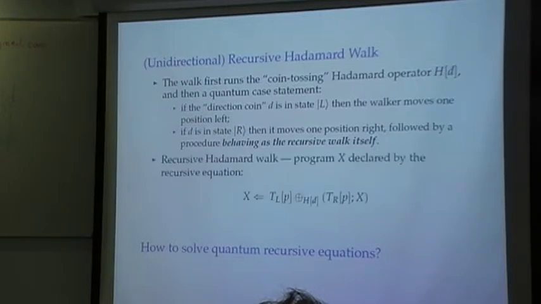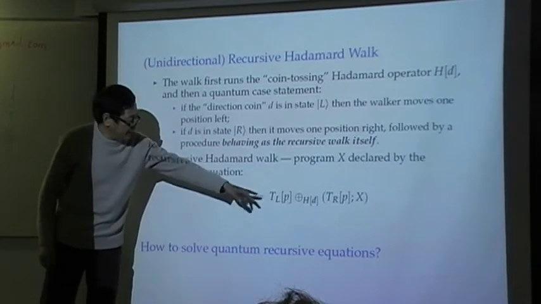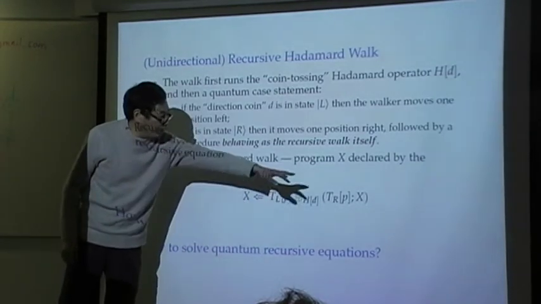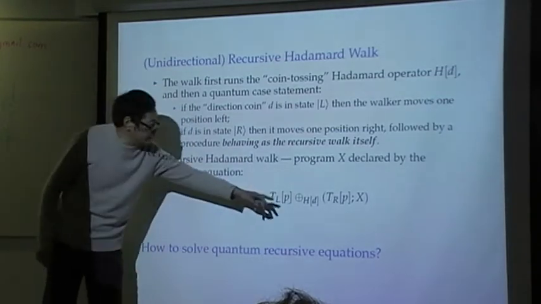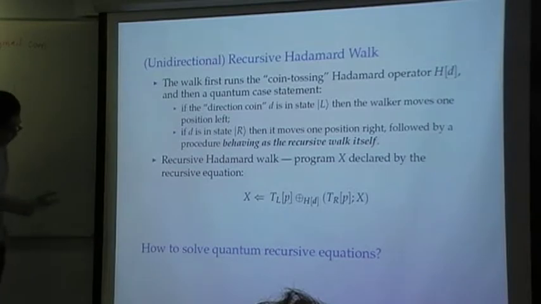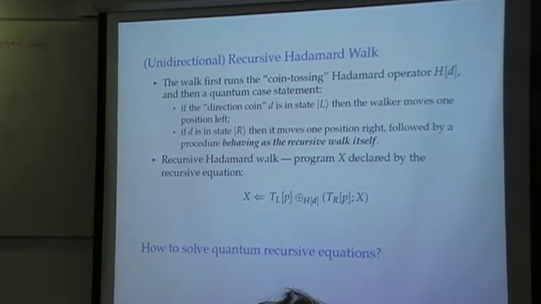So the recursive Hadamard walk can be seen as a recursive program X described by this recursive equation: X equals the quantum choice of T_L and T_R followed by X itself, using this coin-tossing operator H_D. Now the question is how to solve this quantum recursive equation.